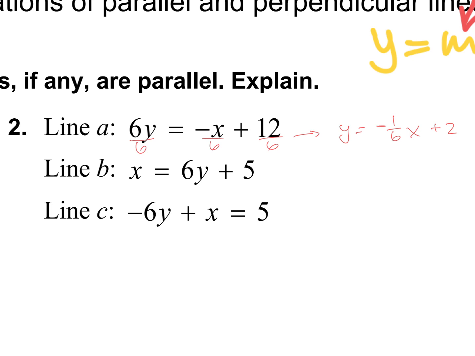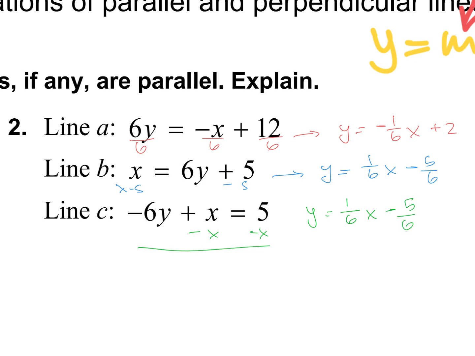For this one, I could subtract 5 and get x minus 5, and then divide by 6. So I'll get y equals positive 1/6 x minus 5/6. And this last one, I could subtract x and then divide by negative 6. So I would get y equals positive 1/6 x minus 5/6.